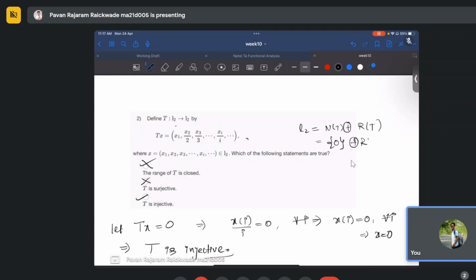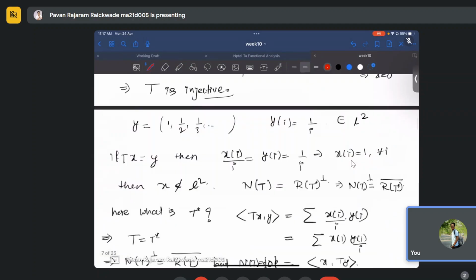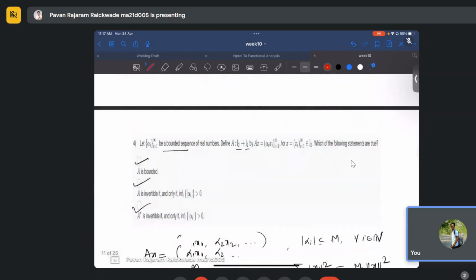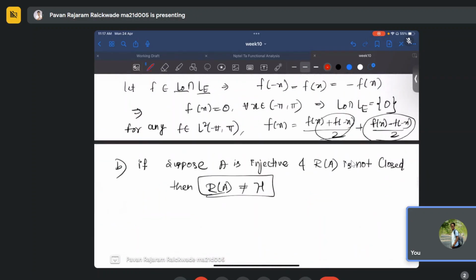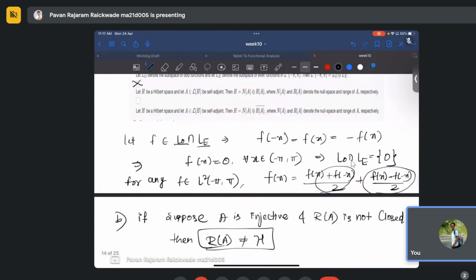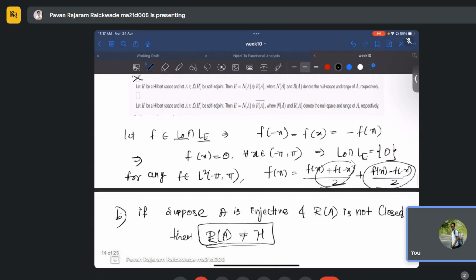And if we write this, the range space of T would be the whole L2, which means T is surjective, but T was not surjective here, so this is wrong. So this second one need not be true, but the third is true.